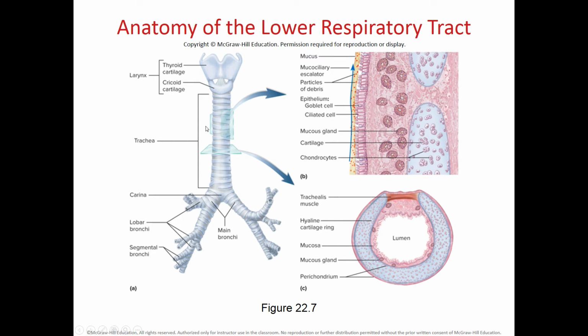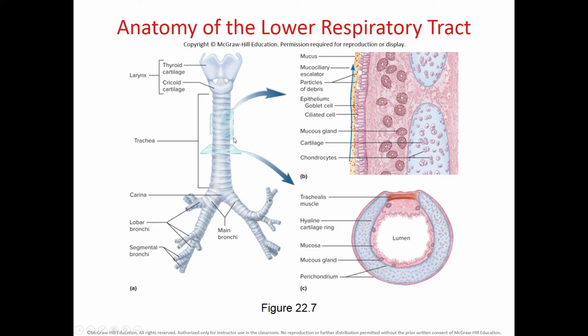So this is the cartoon to show you the walls of the trachea, the composition of the walls of the trachea, and also the division of the trachea into the right and left main bronchi, which are these. If you make a cross section of the trachea, you can see here the epithelium, the lumen of the trachea, the trachealis muscle, and these C-shaped rings that are made out of hyaline cartilage.